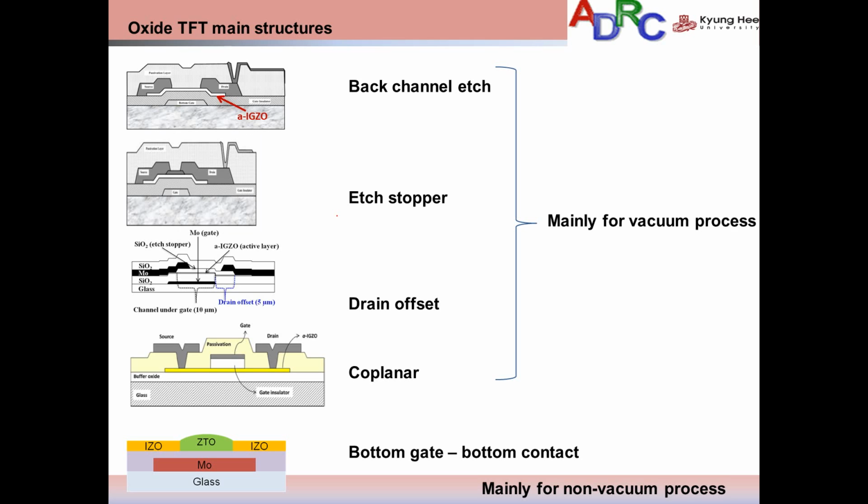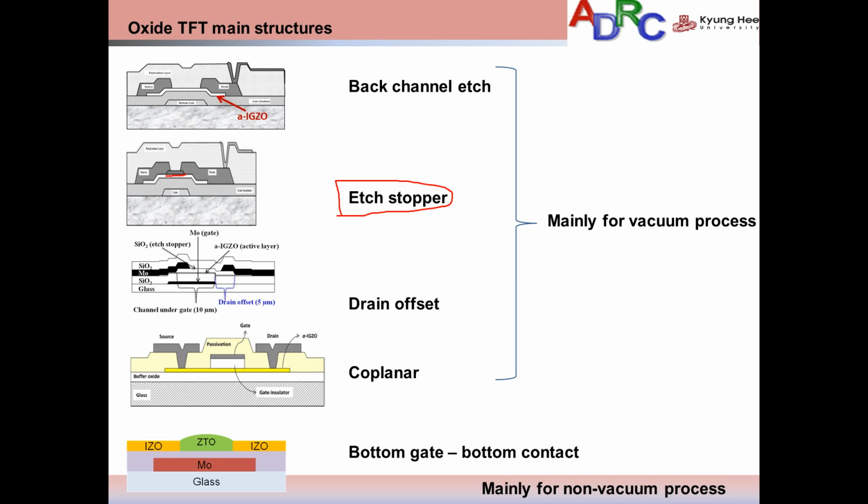The etch stopper type is the one mainly used in oxide TFTs. The main reason is that the IGZO back channel is very sensitive. Actually, any oxide semiconductor is sensitive to the environment.